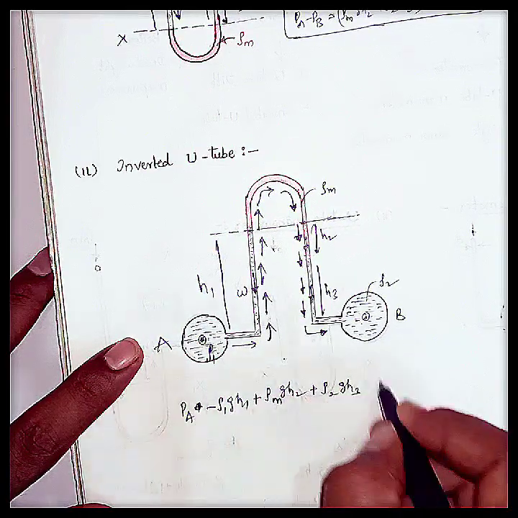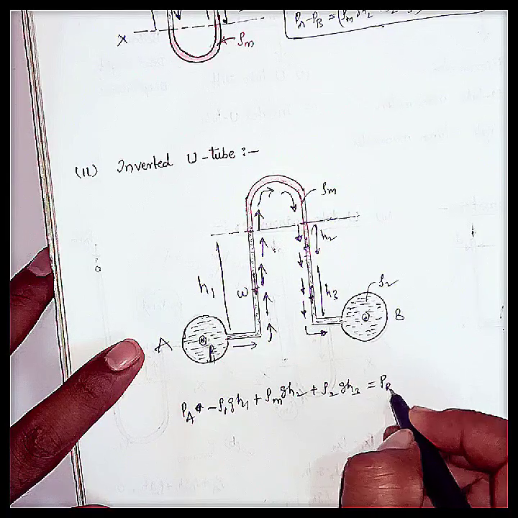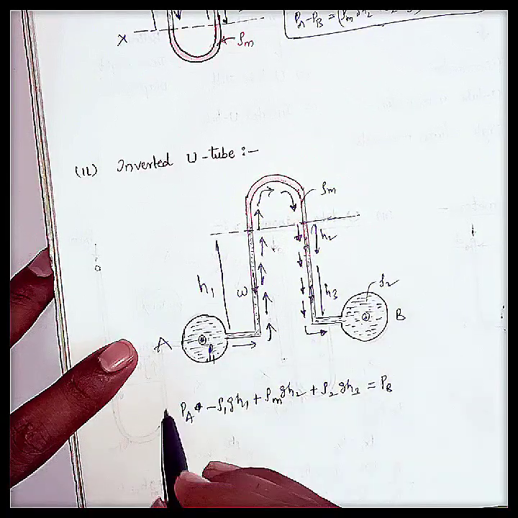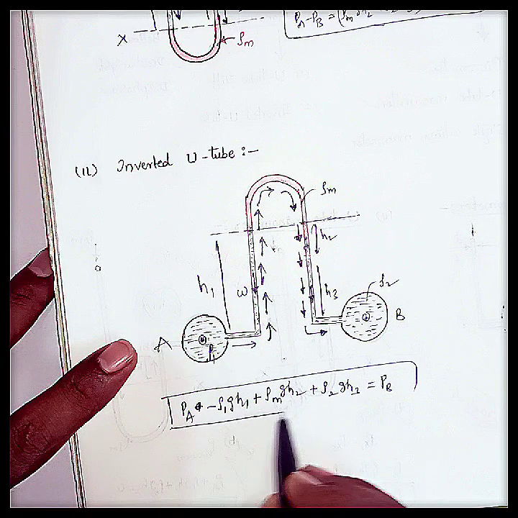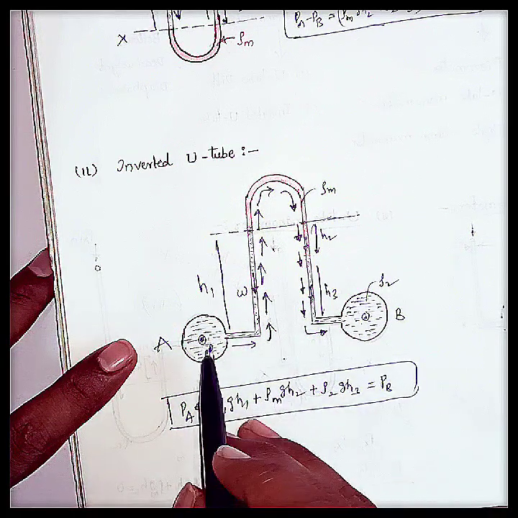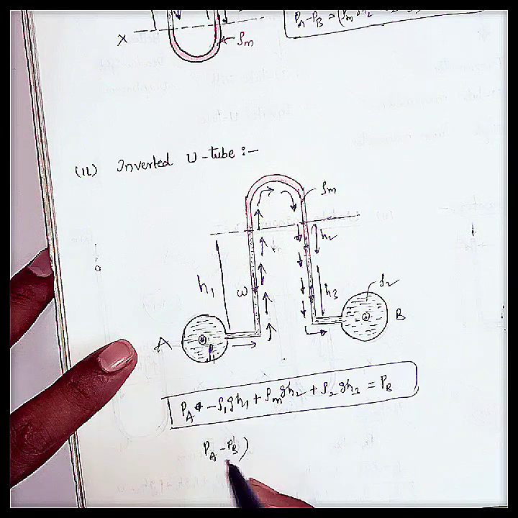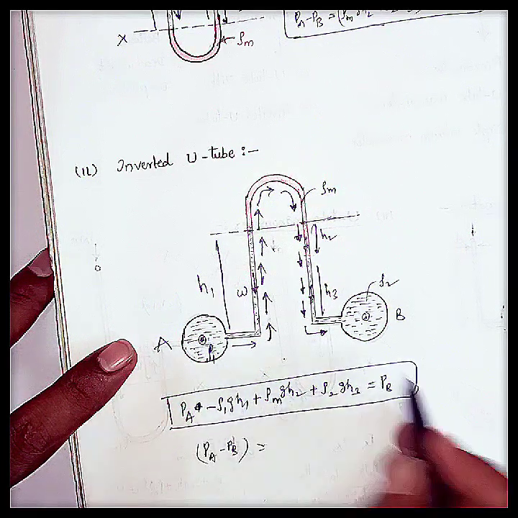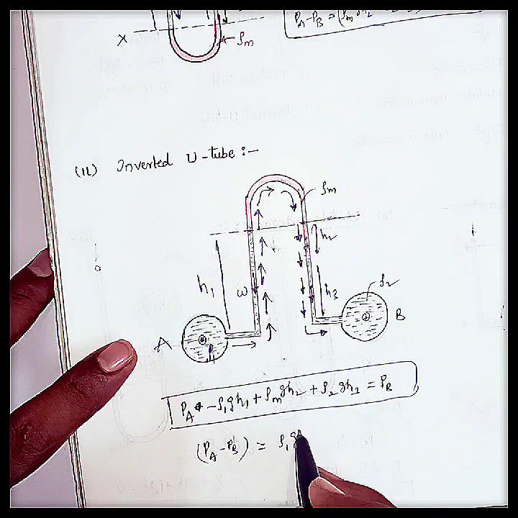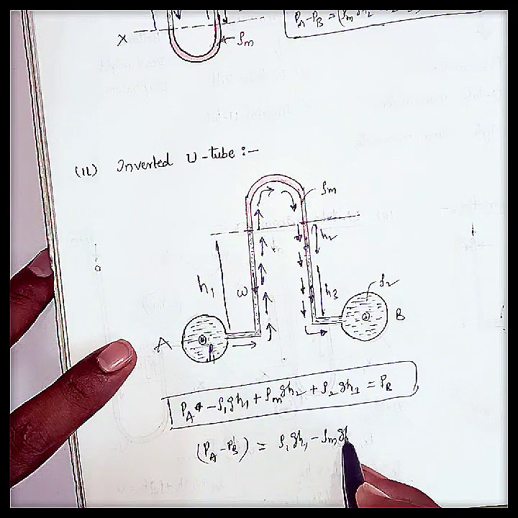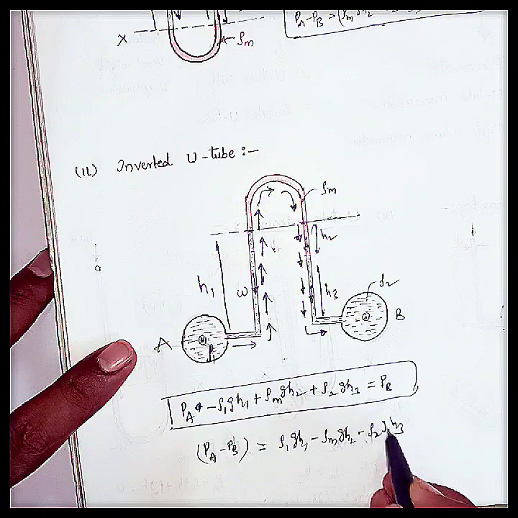And this total pressure is equal to the pressure in this pipeline B. This is the simple trick to equate these pressures. Here we want the pressure difference between these two now. So PA minus PB is equal to, sending all these terms to that side, rho 1 g h1 minus rho m g h2 minus rho 2 g h3.